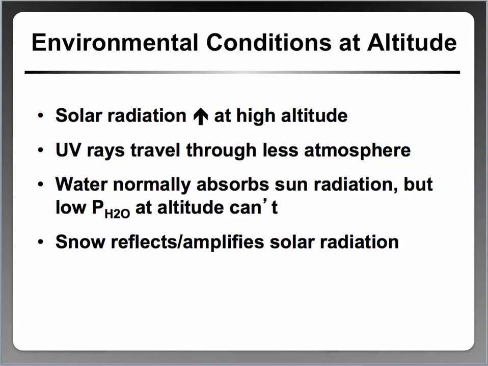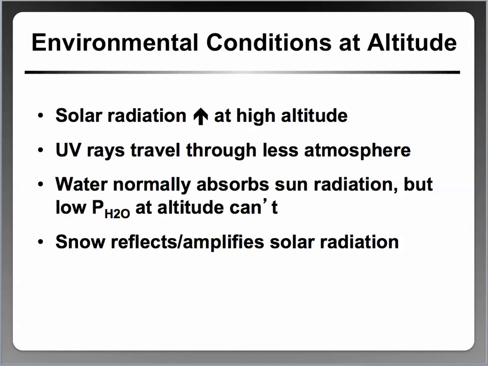All right, another thing that happens is that water can also normally absorb sun radiation, but like we just talked about in the slide before, there's a lower water content as you increase in altitude. So this increases the intensity of the solar radiation. And then finally, if you think about all the pictures that you've seen of Mount Everest, all of them without exception have snow on it.